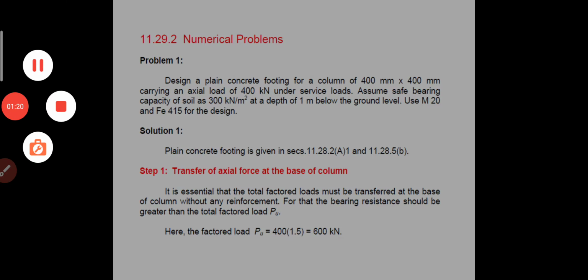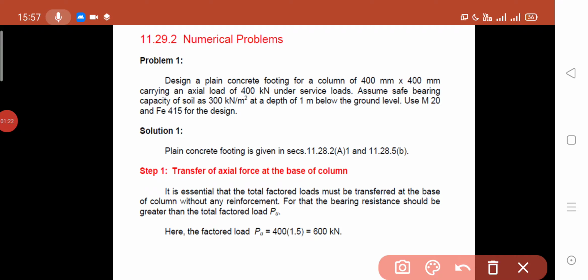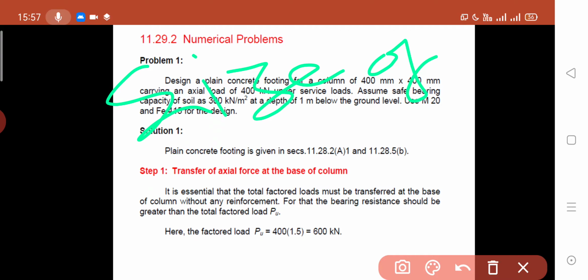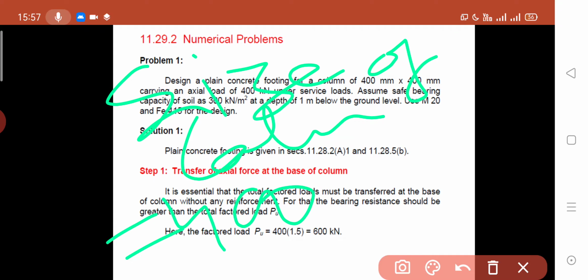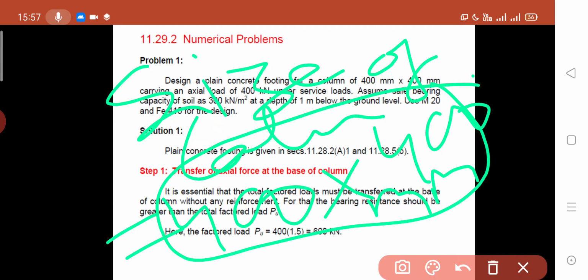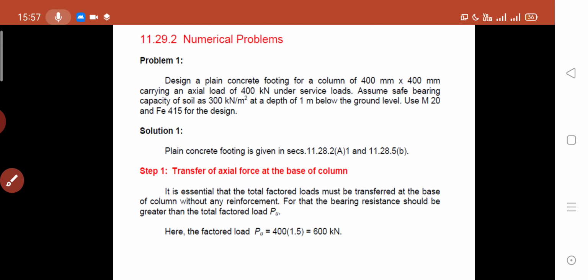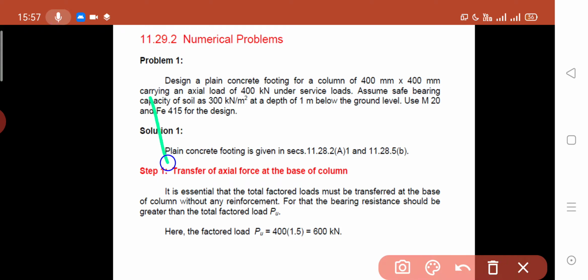So, in this question, the given values are: first, the size of the column, which is 400 into 400 mm. This is the square column. Next is the axial load, P, which is 400 kilonewton.